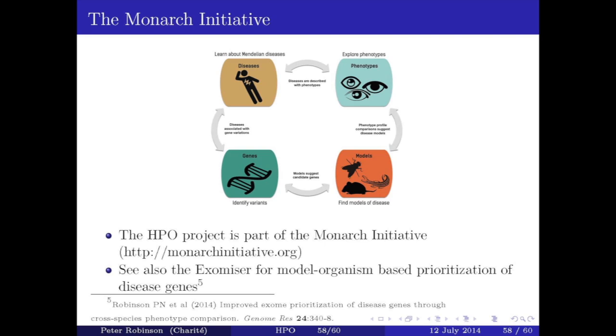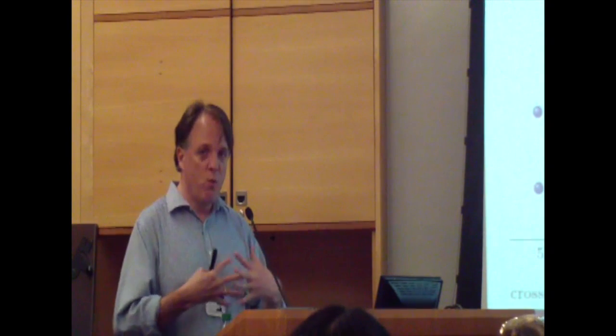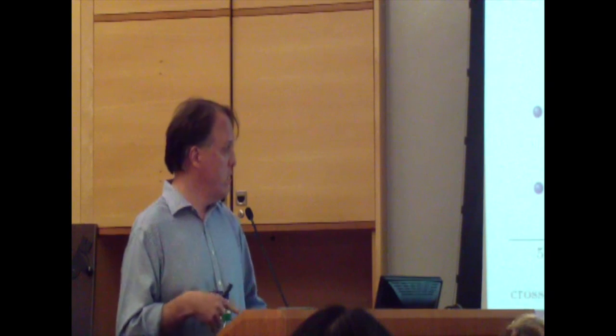This is an NIH project that is looking at model organisms, and so we basically are making semantic annotations for phenotypes of humans. That's what we're doing. Mouse, fish, fly, worm, and basically trying to combine this into one integrated universe.